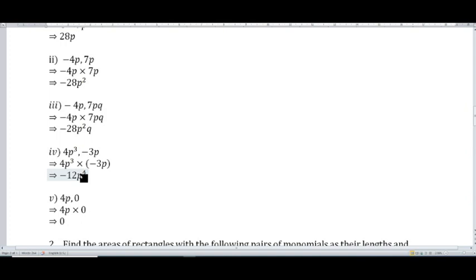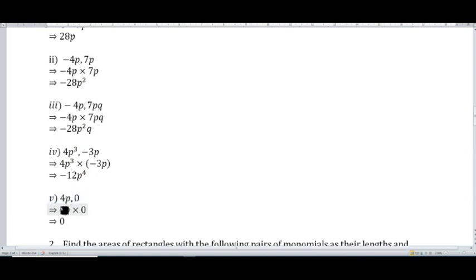Just because if the mathematical operation symbols multiply and minus are going to be next to each other, one will be put in a bracket. So 4 3s are 12, so minus will be carried on. So how many p's are there? 4 p's are there, so p to the power 4. So minus 12p to the power 4 will be the answer.